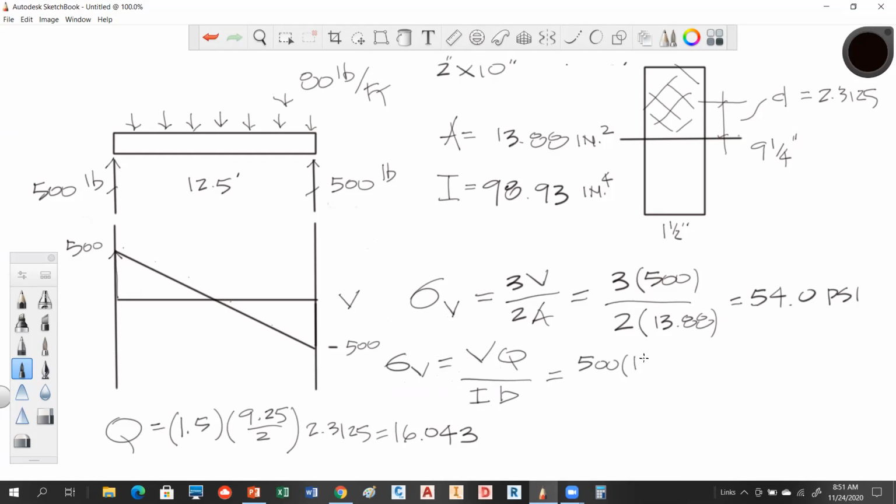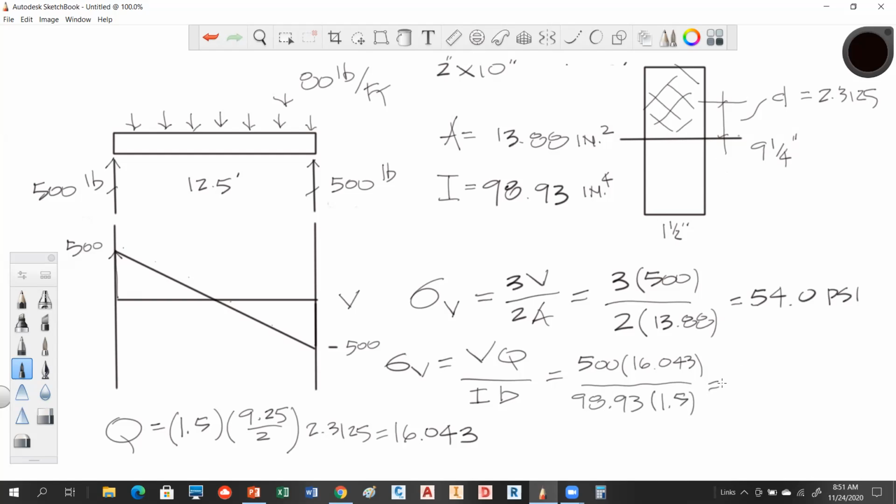Static moment of area is 16.043, divided by I, which was from the table. We looked that up. B is the width of the cross section along the neutral axis, which is 1 1/2. Let's see what we get. We should get the same number that we already did.